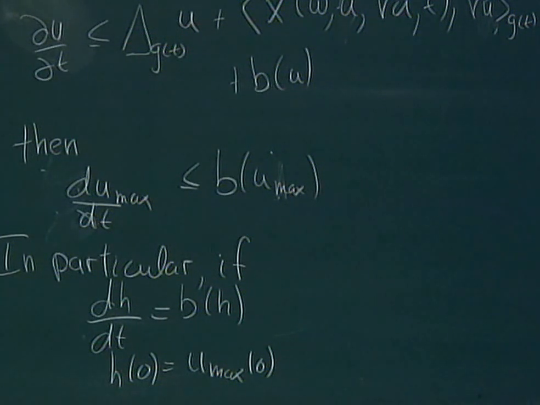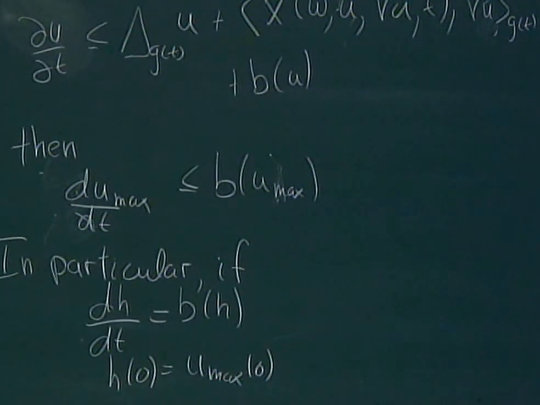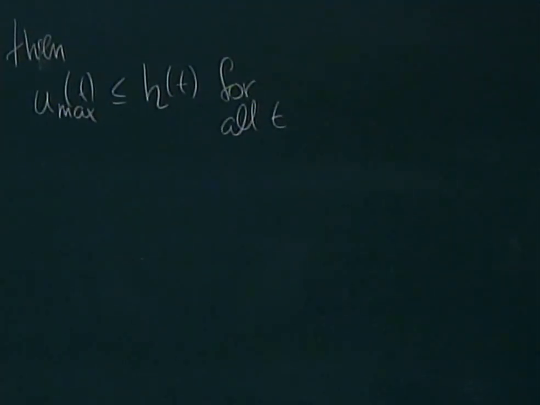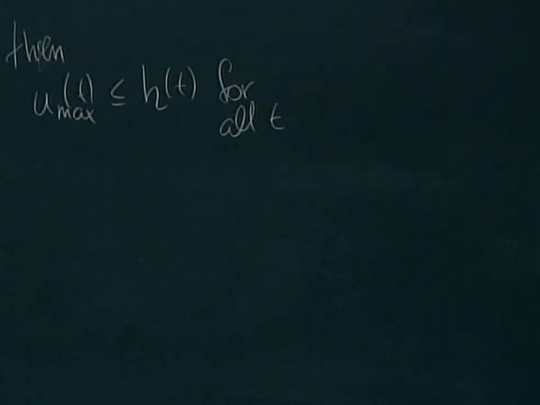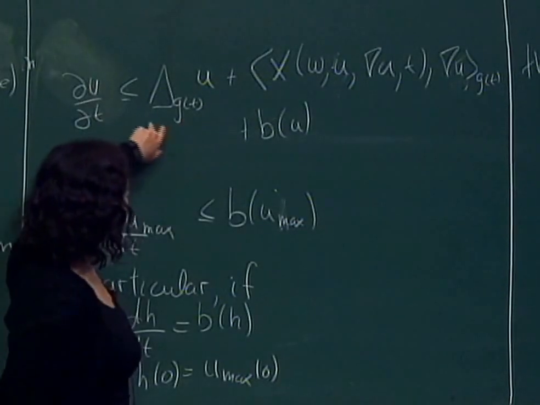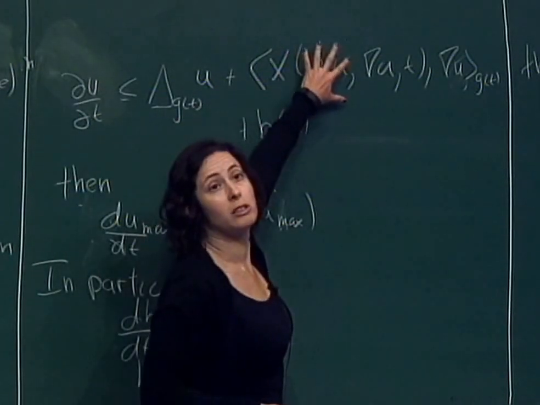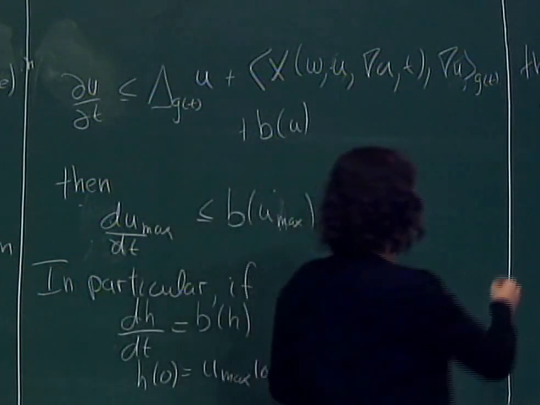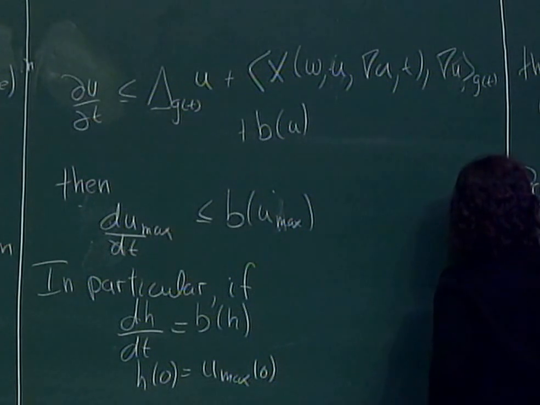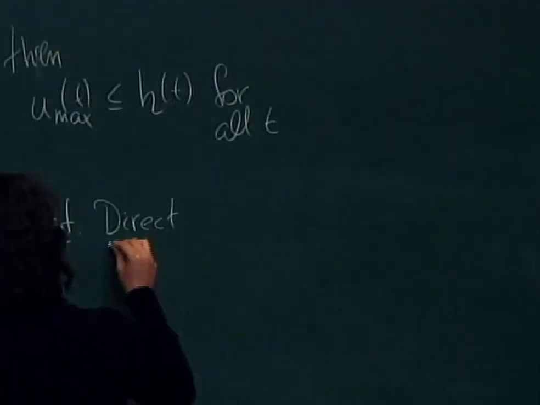In my case, g of t is going to be the metric induced by the mean curvature flow, but this could be the metric in the Ricci flow or in any other geometric flow. And the proof is actually direct from this lemma here, because at the maximum, we know that this term here has a sign and this term here is 0. So this is direct from the lemma.